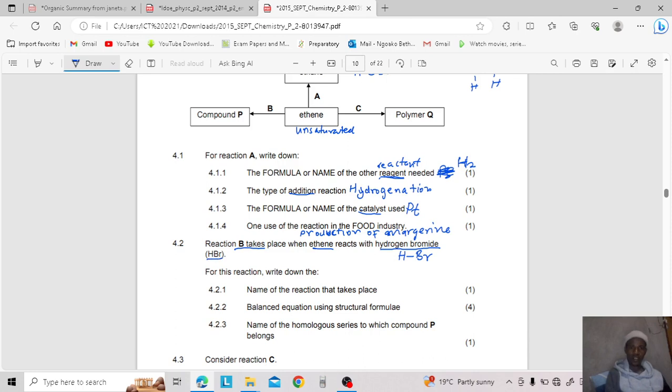For this reaction, write down the name of the reaction that takes place. So moving from unsaturated compound B, it is reacting with this one. So of course, the name of the reaction that takes place, a simple way: we're moving from alkene, and always when we move from alkene, we're going to do what we call an addition.